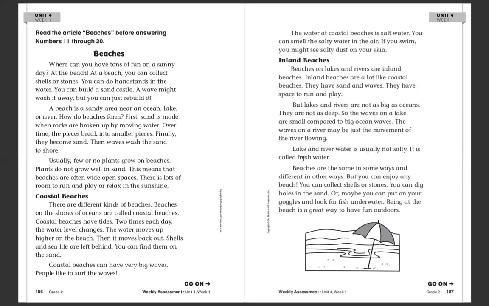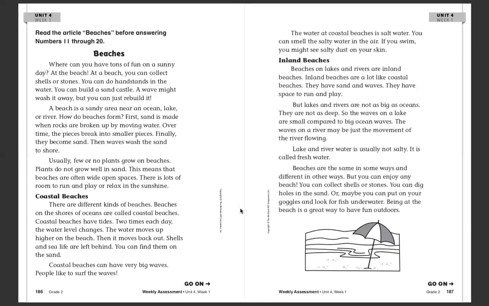It is called fresh water. Beaches are the same in some ways and different in others, but you can enjoy any beach. You can collect shells or stones, you can dig holes in the sand, or maybe you can put on your goggles and look for fish underwater. Being at the beach is a great way to have fun outdoors.